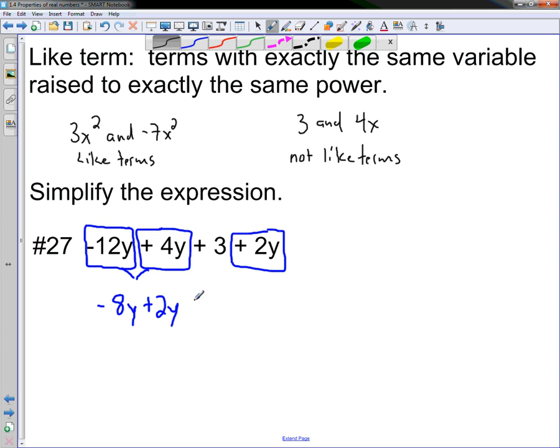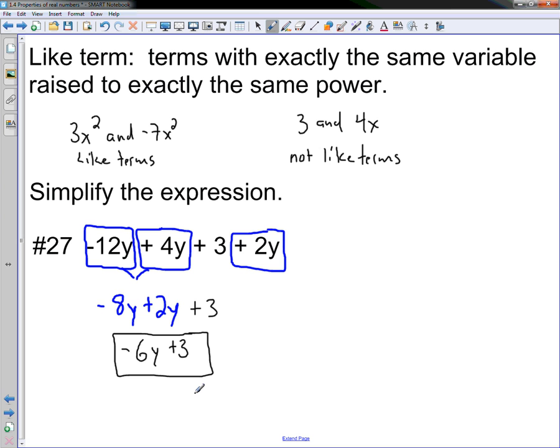So notice how they're just moving their way through. Now we can combine these. Well, negative 8y and a positive 2y, again opposite signs. Keep the sign of the one that is further from 0. And we have the plus 3 and back. Now negative 6y and plus 3, not like terms. So that's as far as we can go with that one.